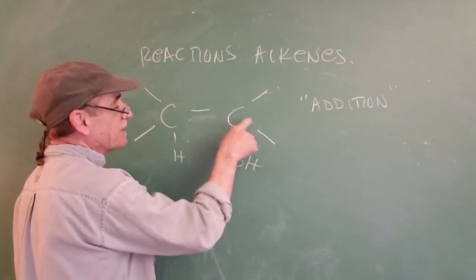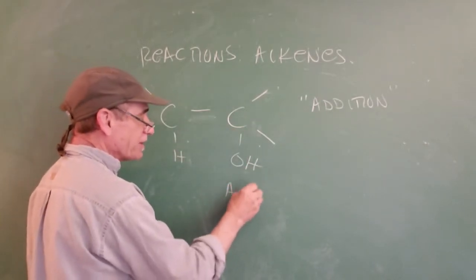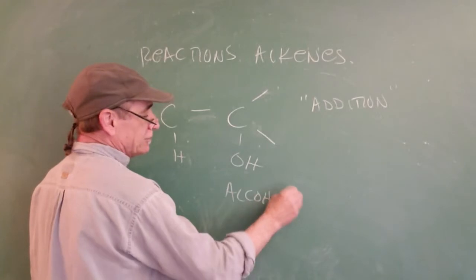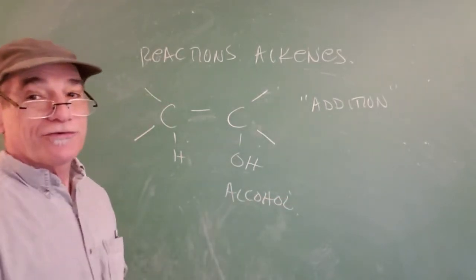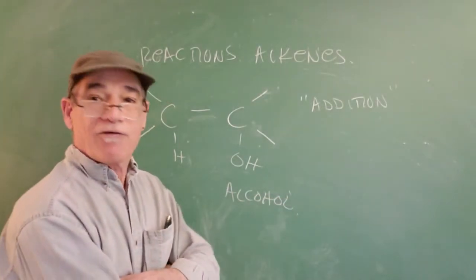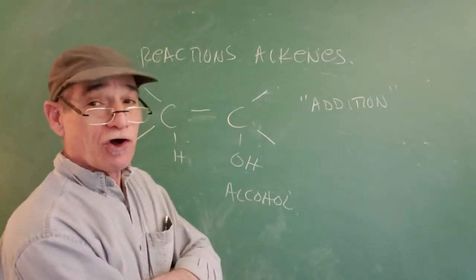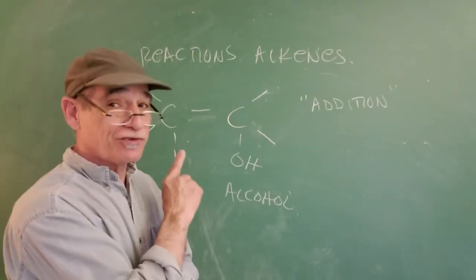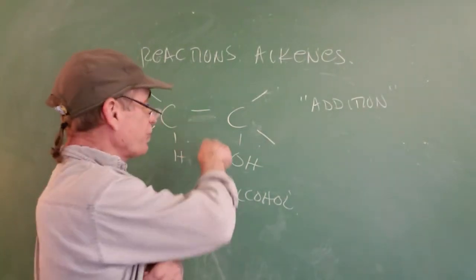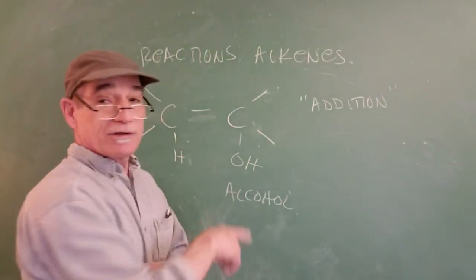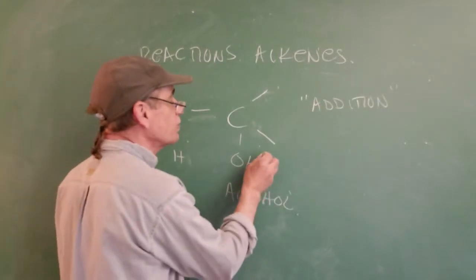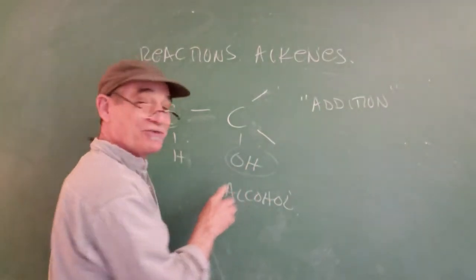Well, an OH attached to a hydrocarbon makes that compound an alcohol. So it turns out, sure enough, you can convert an alkene with a double bond into an alcohol with a pretty simple little addition reaction here, and bust open the double bond and put what's called a hydroxyl group. Remember, we called an OH hydroxide when they were ionic.